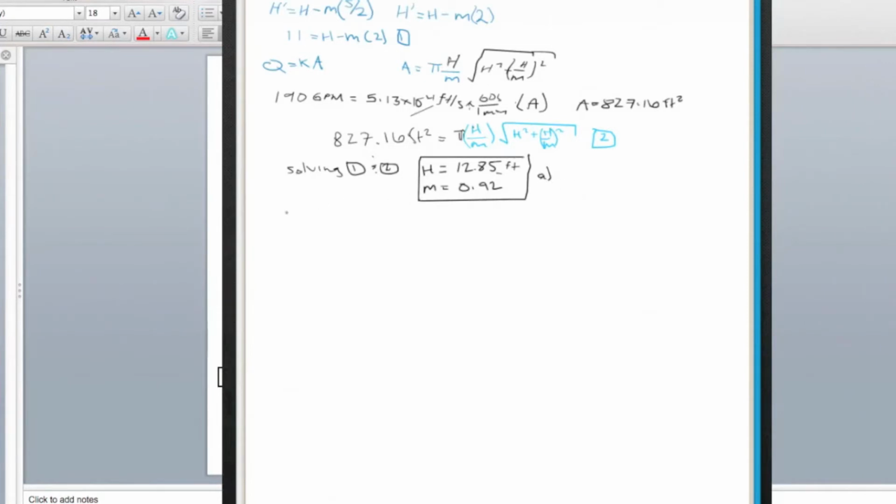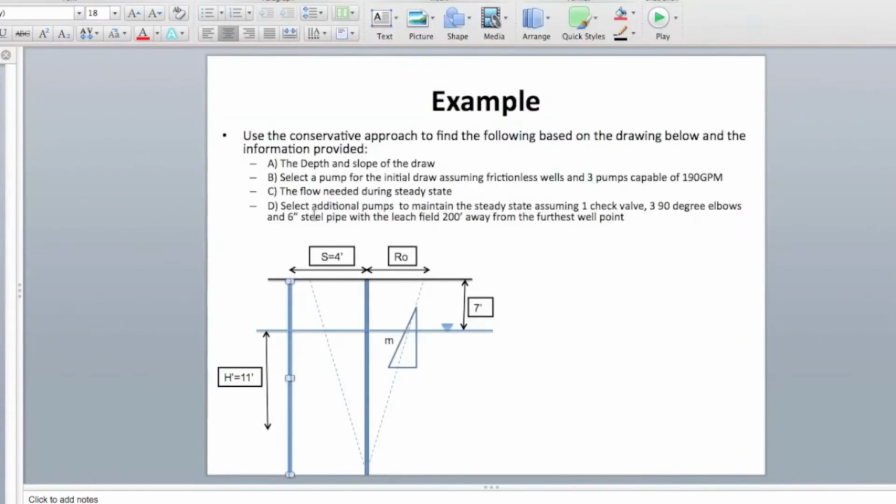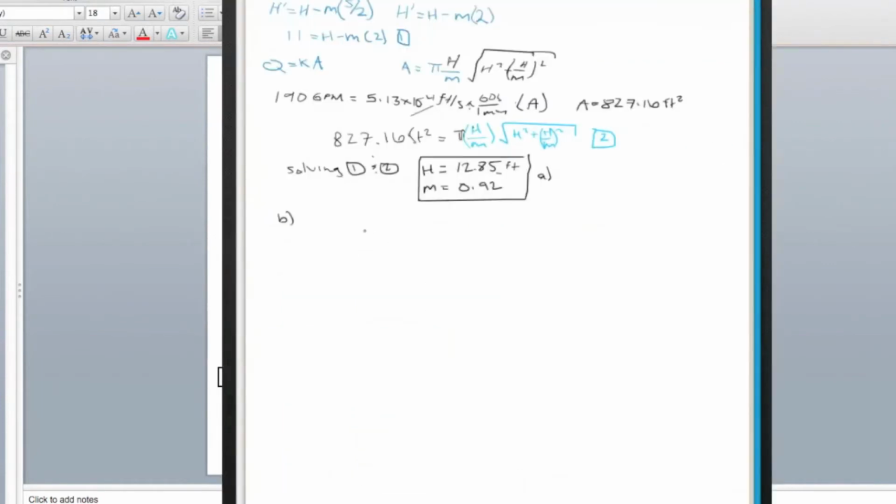All right, so B, going back here, was to select a pump for this initial draw, and it gives us some stuff: 3 pumps capable of 190. Looking at that, we're going to assume 0 friction, so our head is just going to be h.